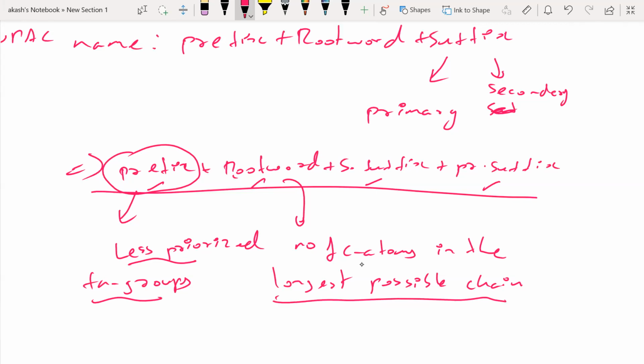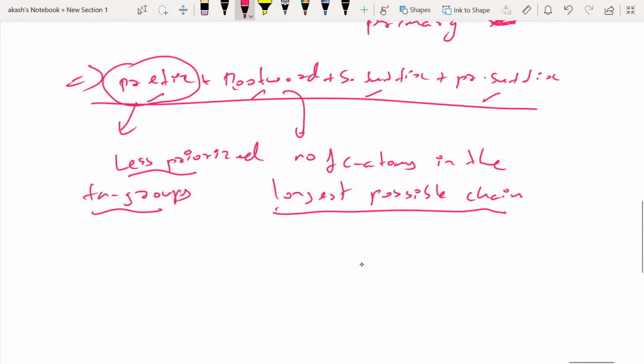Root words are constant. Say if we have only one carbon atom in the longest possible chain, the root word you have to use is meth. If you have 2 carbon atoms in the longest possible chain, you will use eth as the root word.